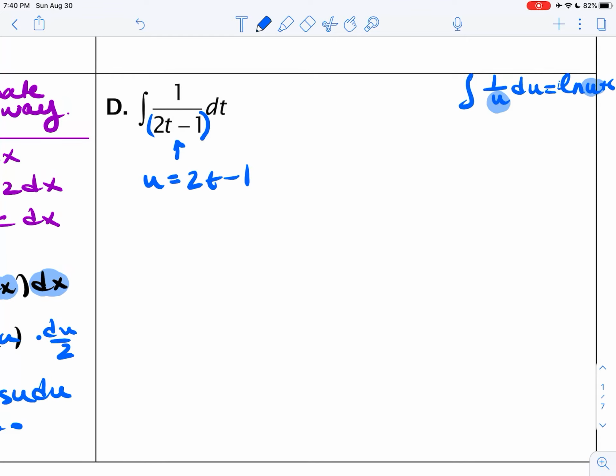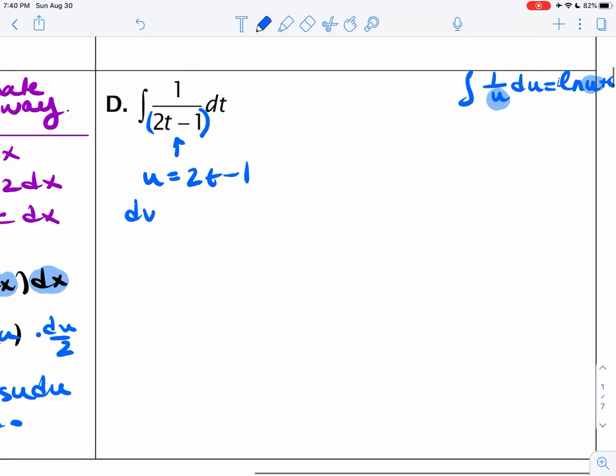and I'm going to say u equal to 2t minus 1. I'm going to say du here is 2 dt. I notice that the dt, the variable part of my integral, is there, and I know that u substitution is going to work, but I do need a 2. So if I multiply by 2, I'm going to divide by 2.